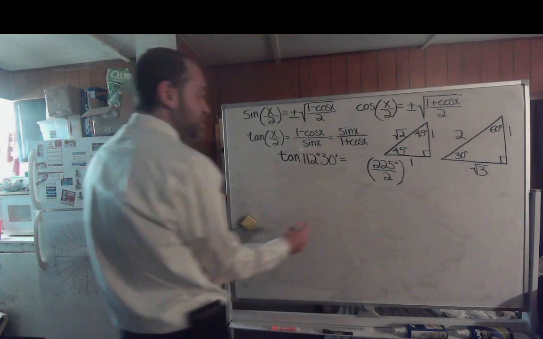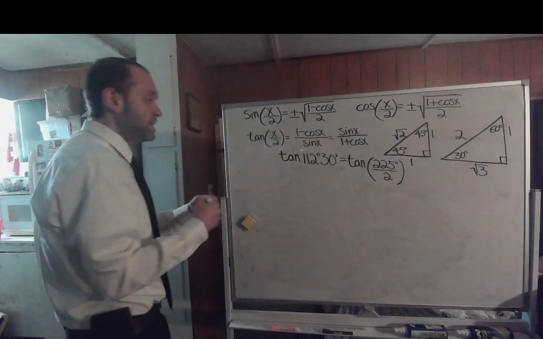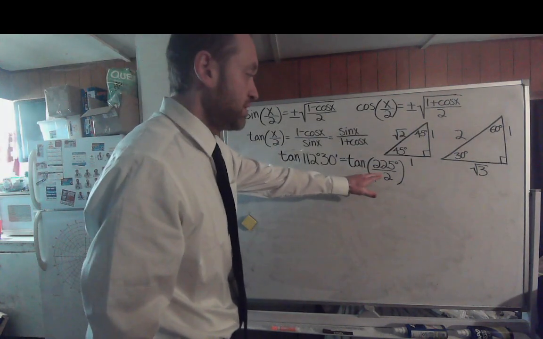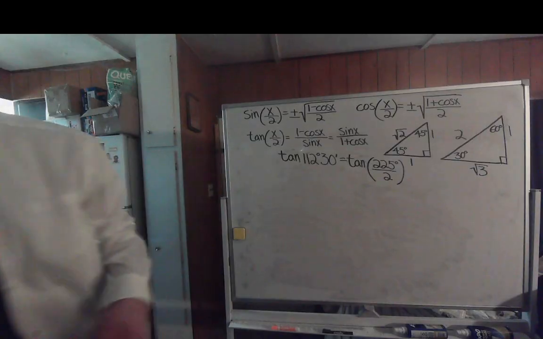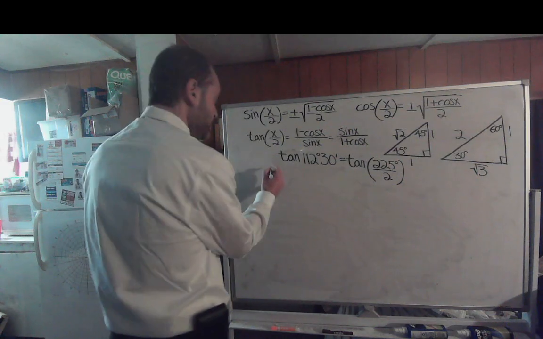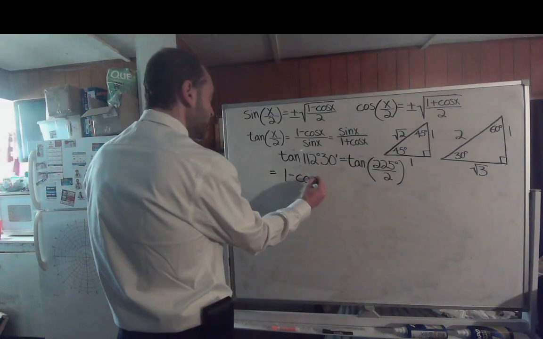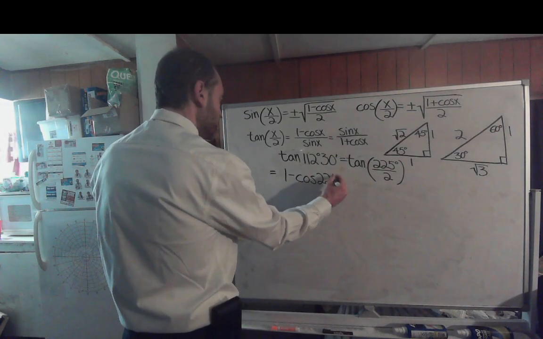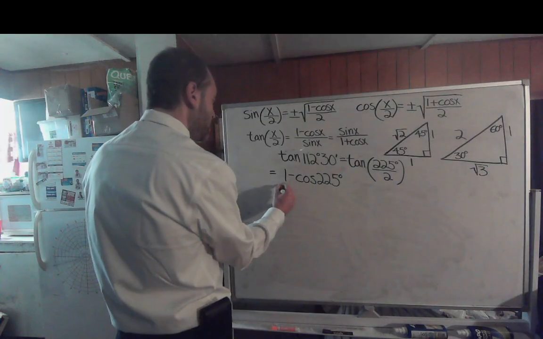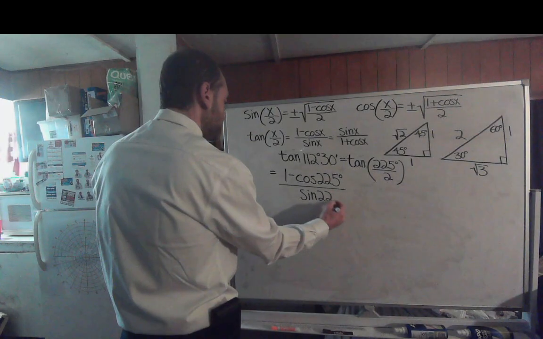So we're going to take the tangent of 112 degrees 30 minutes, which is exactly equal to the tangent of 225 degrees over 2. So we can use our half angle formula for tangent. So this would be 1 minus the cosine of 225 degrees, all over the sine of 225 degrees.